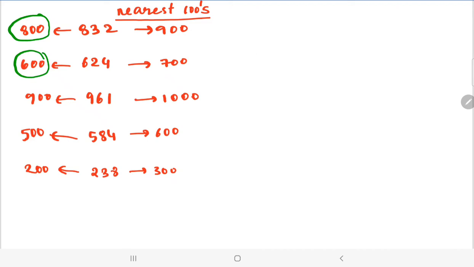Remember that whenever you have numbers below 50, that is 1, 2, and so on till 49, they will come in this category. When you have numbers above 50, that is 51, and so on till 99, then that will come under the second category.